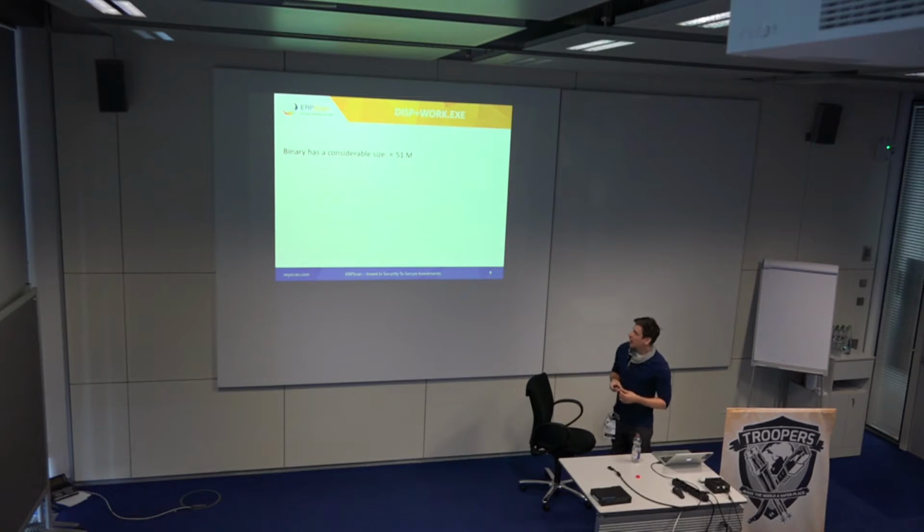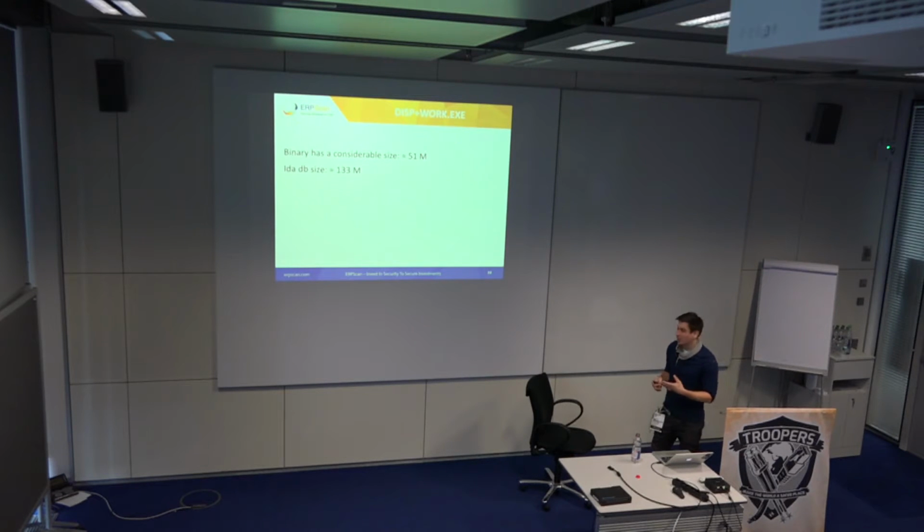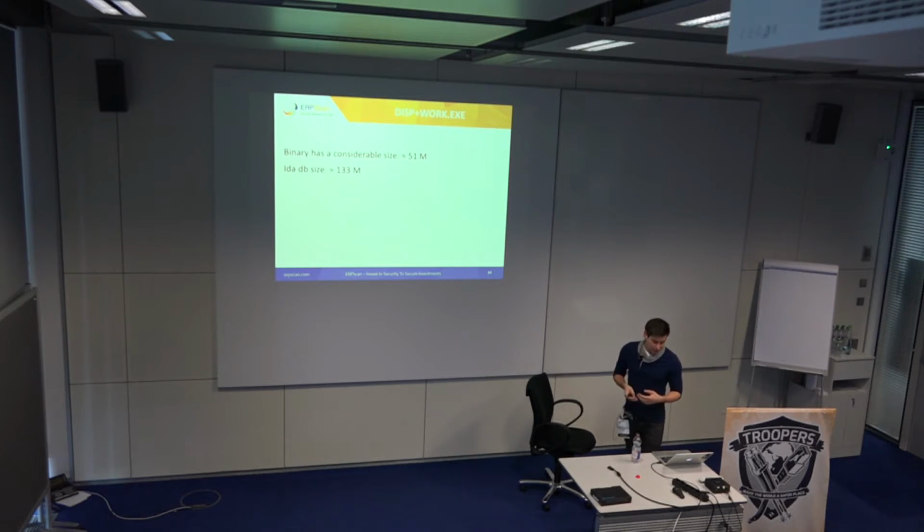This file has a pretty big size, 51 megabytes, and of course, as reverse engineers, we tried to open this file in our favorite disassembler. In our case, it was IDA Pro. It's a very popular debugger and disassembler, and as a result, we got a lot of assembler code.